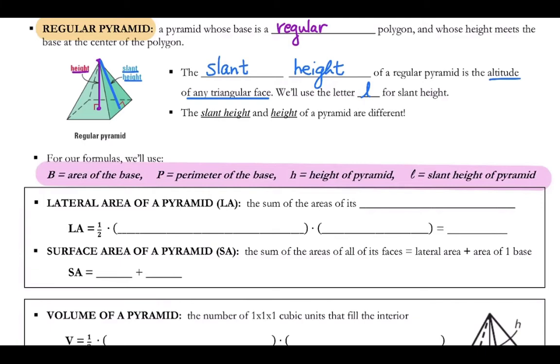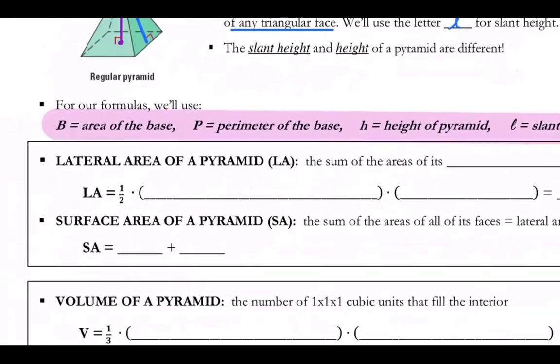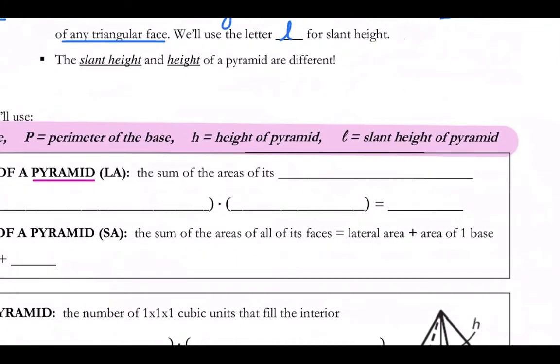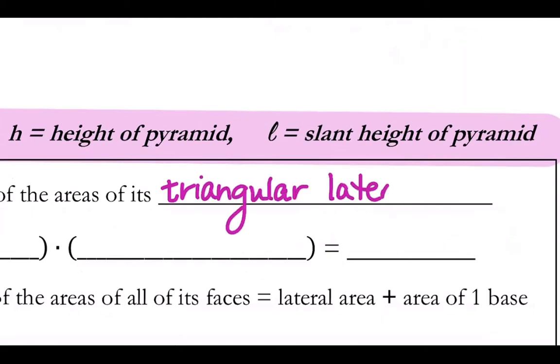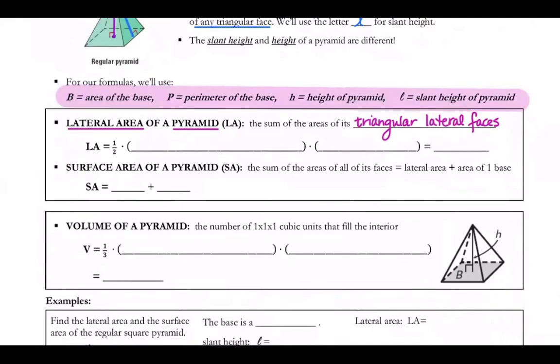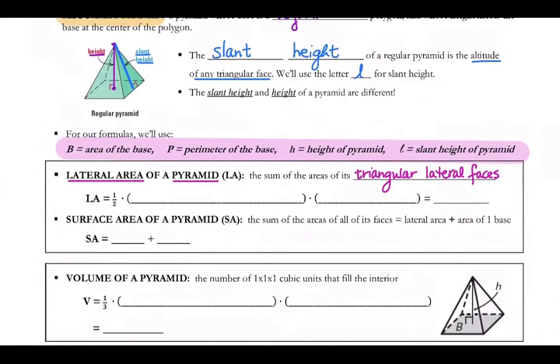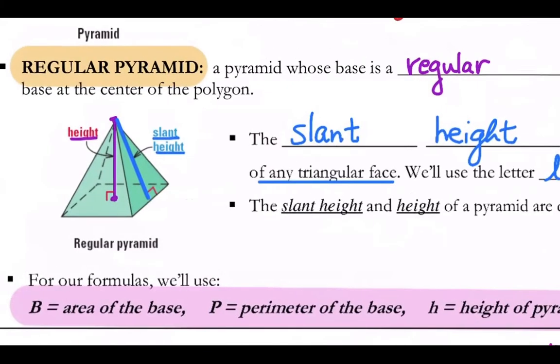So our formulas here for lateral area. The lateral area for a pyramid is just the sum of the areas of its triangular lateral faces. And so when you're thinking about the area of one of those triangles, it would be 1/2 base times height.